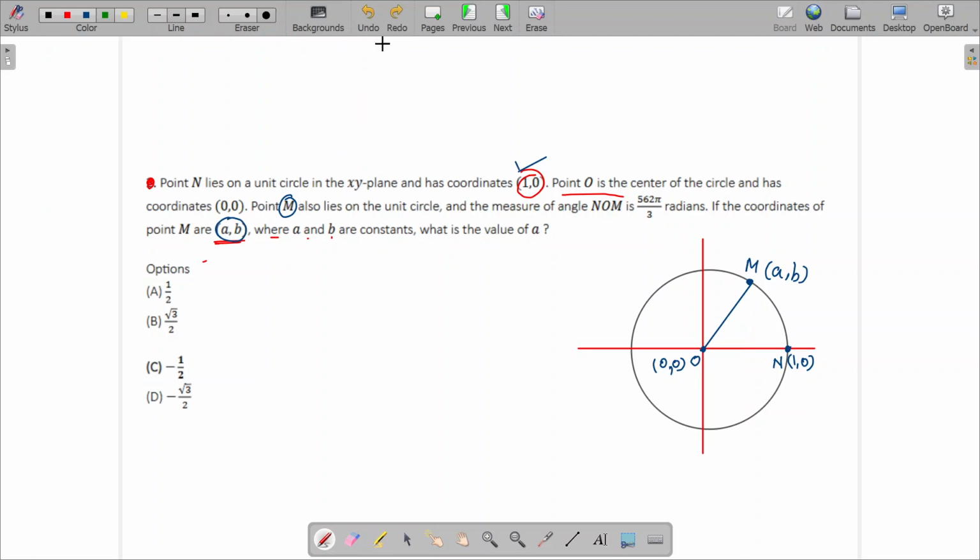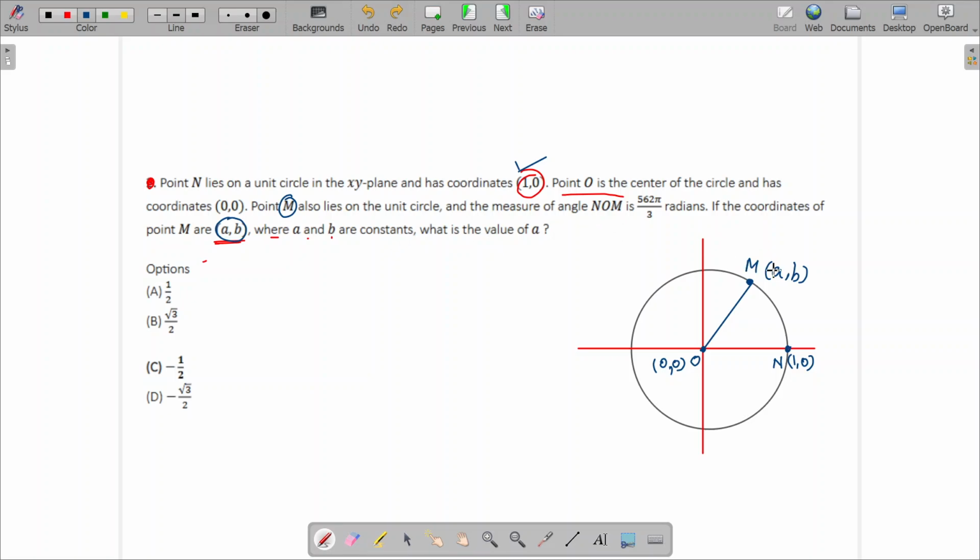But that concept is only limited to angles that are not complicated, when the angles are less than 2 pi. If the angles are more than 2 pi, you have to be very careful. You will not apply that concept. You will apply r cos theta, r sin theta. Not just for this question, for all the questions.